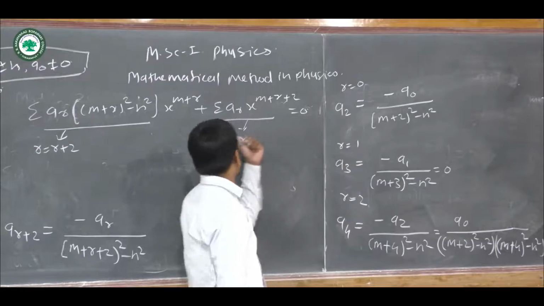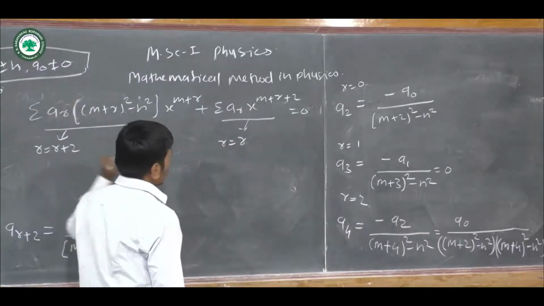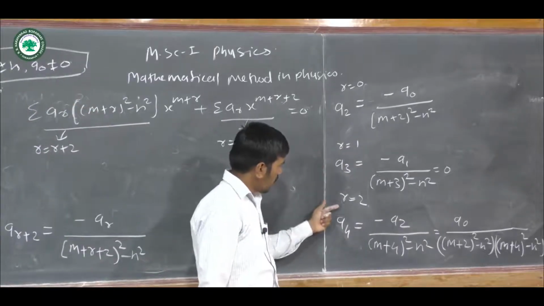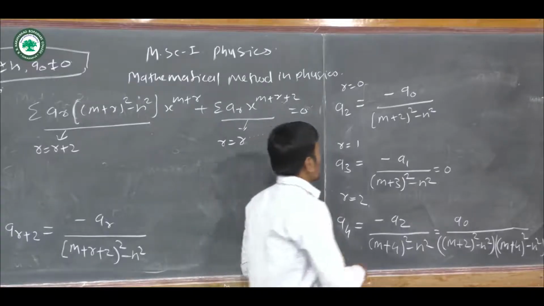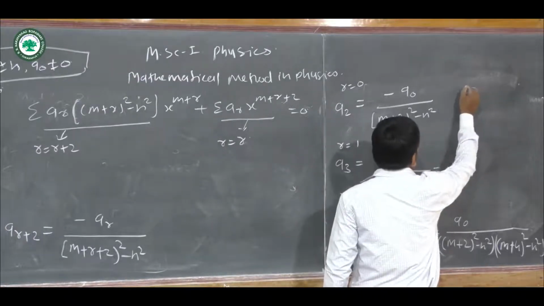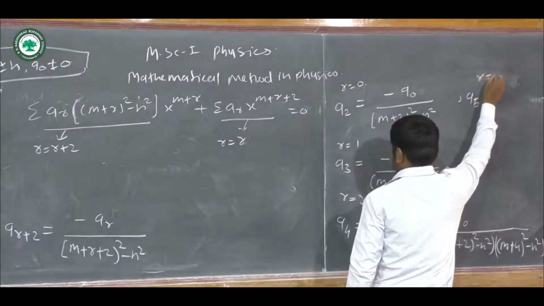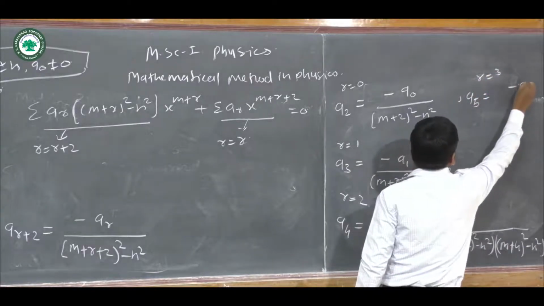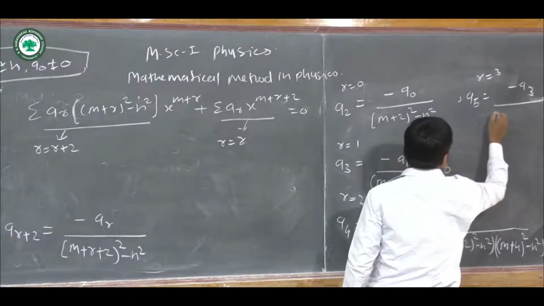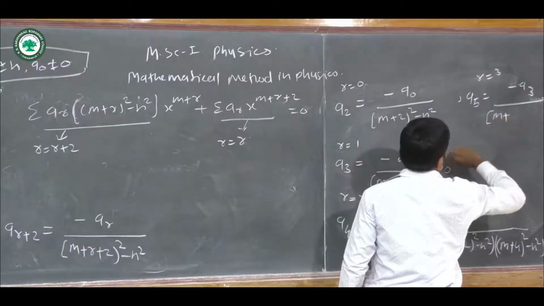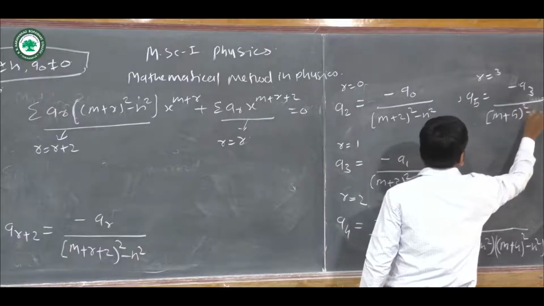Okay, so this is a naught, a1, a2, a3, a4. If I try to find a5, with r equal to 3, it is minus a3 divided by (m plus 5) bracket square minus n square.